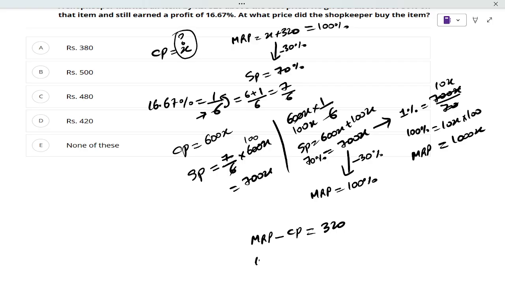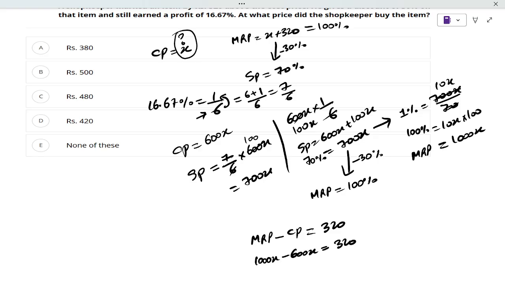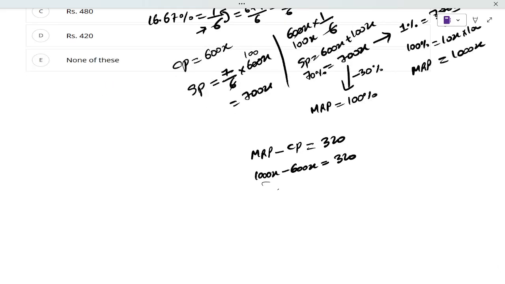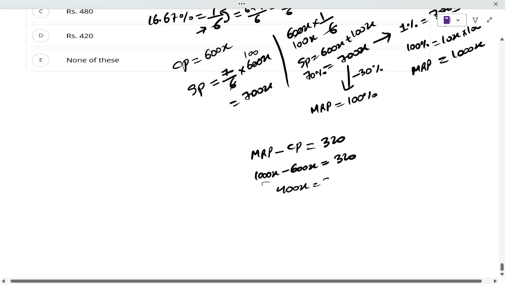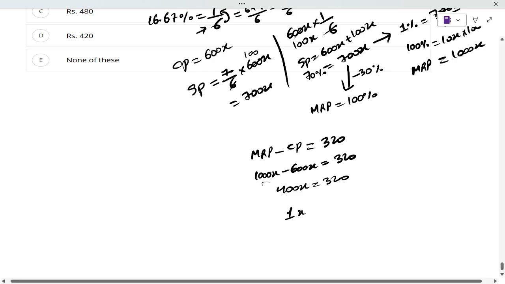So here we have 1000x minus 600x is equal to 320. Then we will get 400x. 400x is equal to 320. Alright, so we need to find the cost price, right? So in cost price is 600x or no? So 1x is equal to 320 by 400. Yes, 400. We need to find 600x or no?